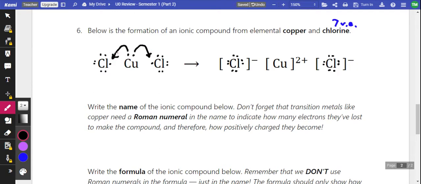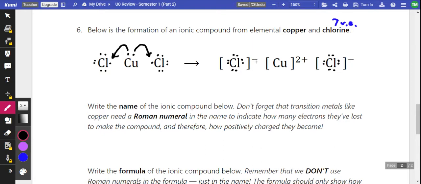If you're ever not sure of how many valence electrons something needs to gain or lose, and it's something in your first and second or 13th through 17th columns, look at the charge. So for instance, chlorine has a shortcut of having a -1 charge on our periodic table, which we see over here. Well, that means it's gained an electron, a negatively charged electron.